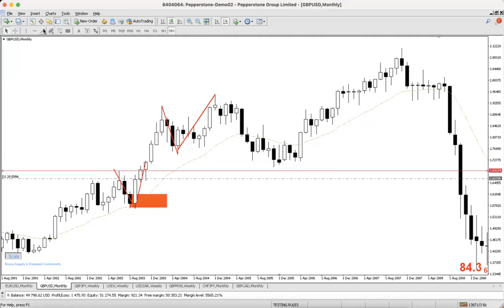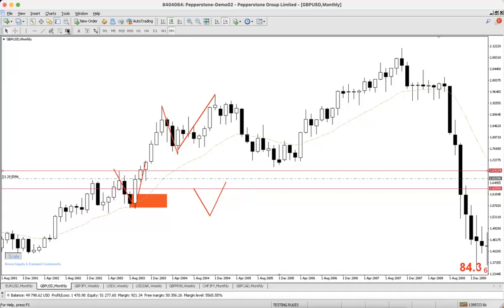If everything is the same height, maybe like this, this is not a valley, guys. A valley should make something like this. It should make a higher high for you to consider it a valley.